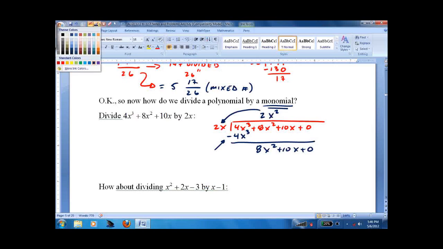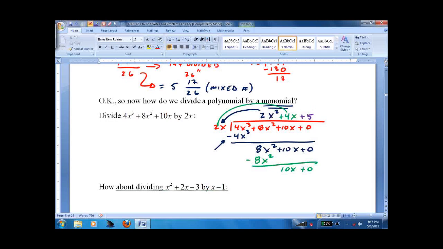Do it again. What times 2x is 8x squared? Well, the 2 is times 4, and the x is times x. So 4 times 2x, 4 times 2 is 8. X times x, x squared. Put negative. 10x plus 0. Almost done.